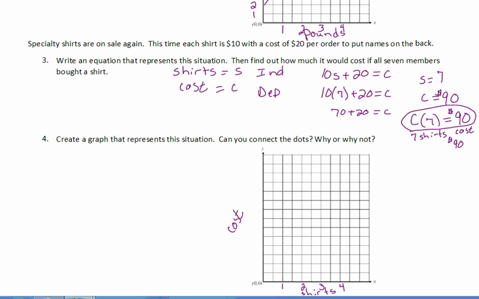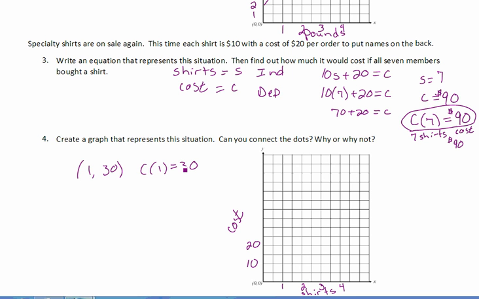We can go by tens. 10, 20, 30, 40, 50, 60. So let's go by tens like this. Again, I'm going to write these in ordered pairs. That if I bought one shirt, it would cost me 30 bucks. I could function notation, C of 1 equals 30 to be fancy, but I'm not going to. I just want to show you what that would look like.